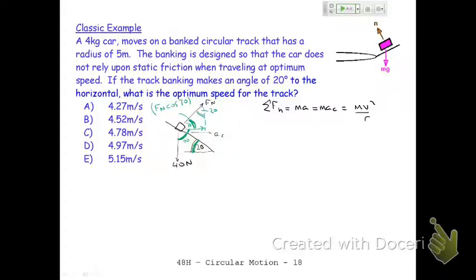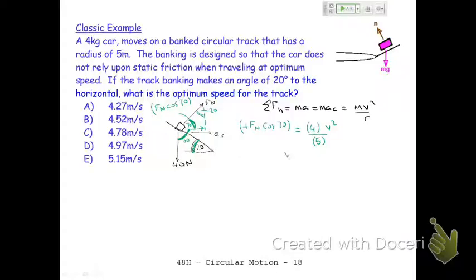Okay, so then I turn around and say, Fn cosine 70 is equal to my mass, which is 4, times my v squared, which is what I want, over my radius, which is 5.